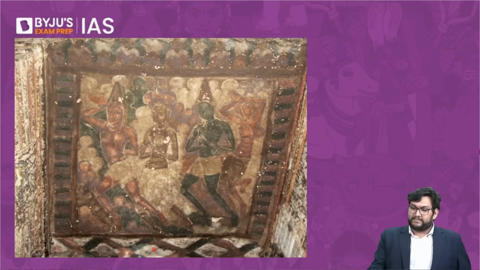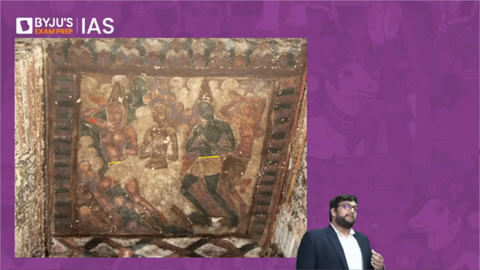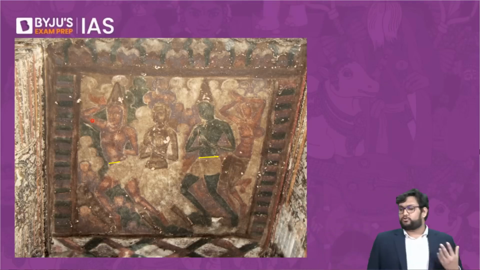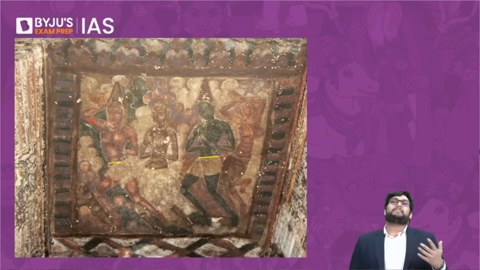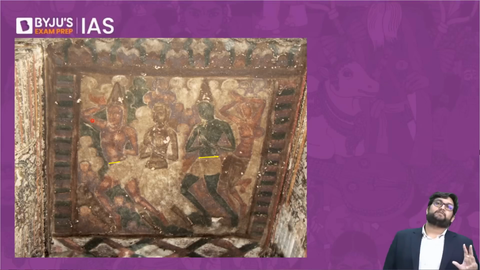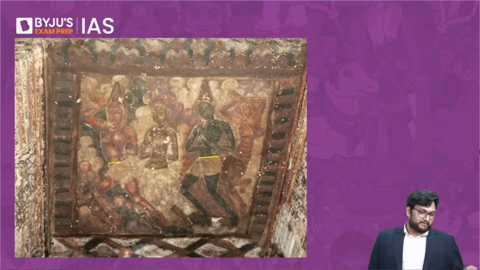But over and above that, again, very dark colors, no proper bordering, and these images in themselves are frescoes, and that is why they've survived for close to thousands of years. The simple point is that paintings in India, or when we come to cave paintings, somehow the artisans all had the same type of skill set, and it was not impacted by Buddhism, Jainism, or religion. It was impacted by skill set.